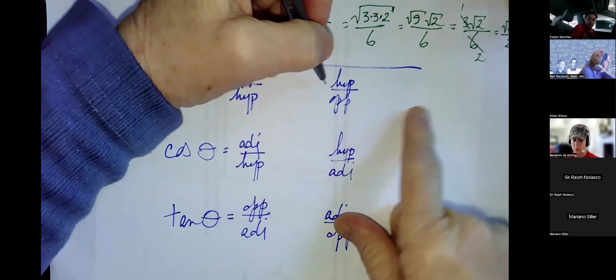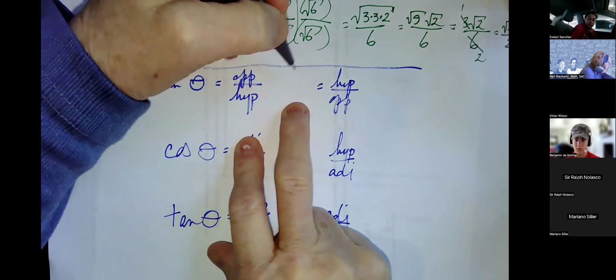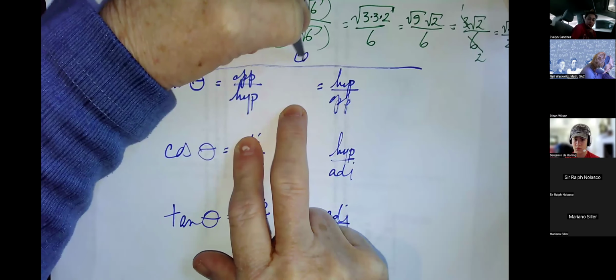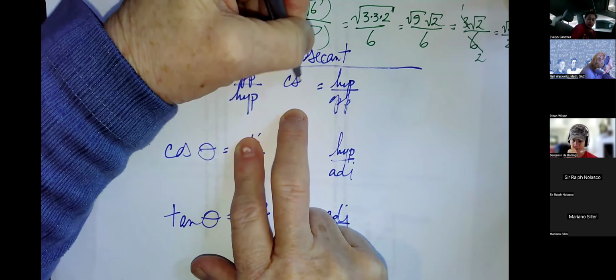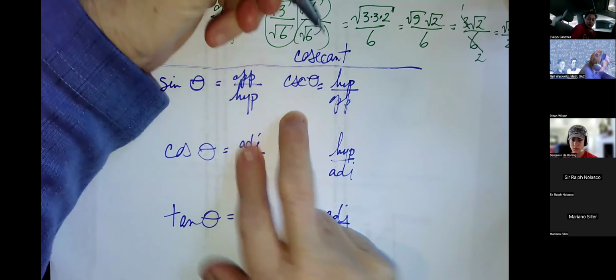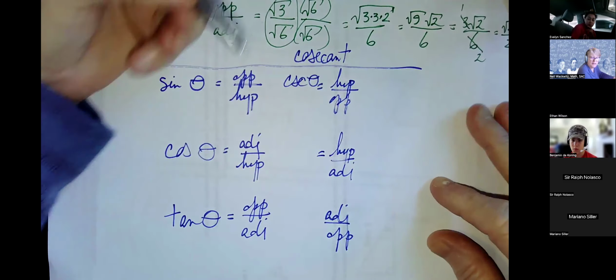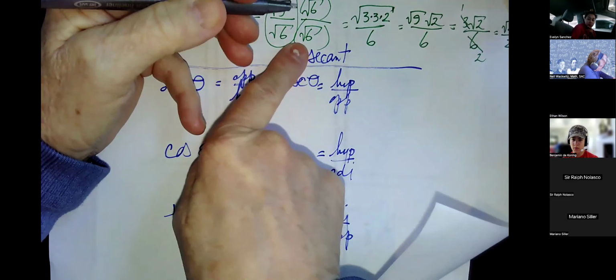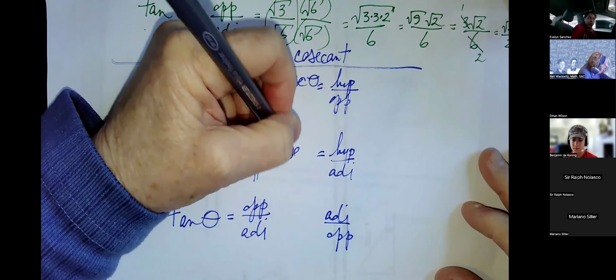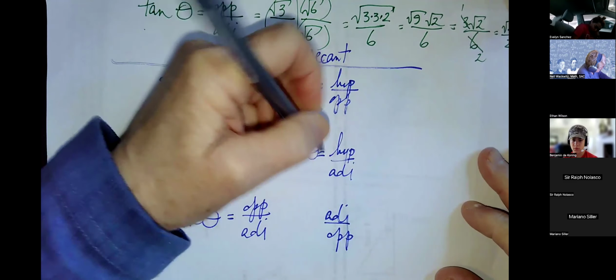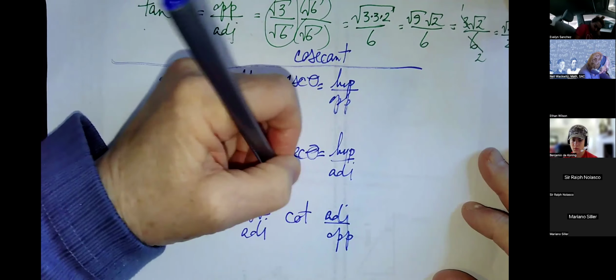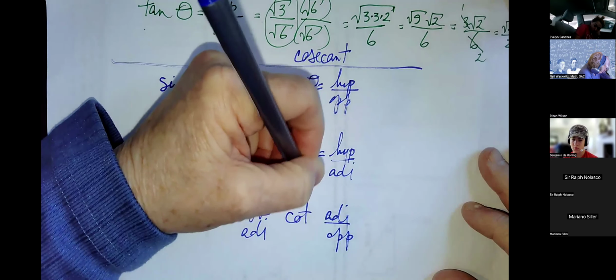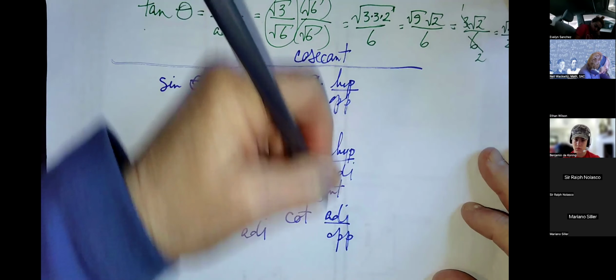This first one is the cosecant, CSC of theta. Okay. The second one is the secant of theta. And the third is the cotangent of theta.